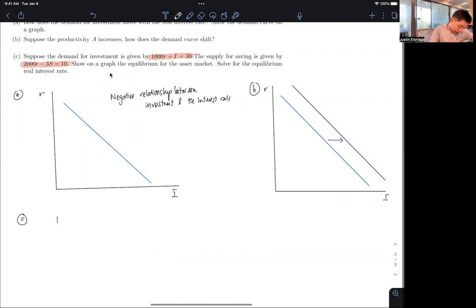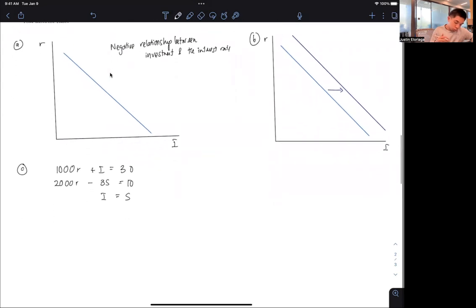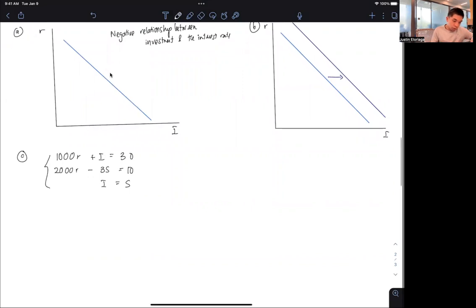You have the demand equation, which is 1000R plus I equals 30. Then you have 2000R minus 3S equals 10. And because we're in equilibrium, we know that investment must equal saving, right? So investment must equal saving. Therefore, we can reduce these equations to just two by substituting one for the other.